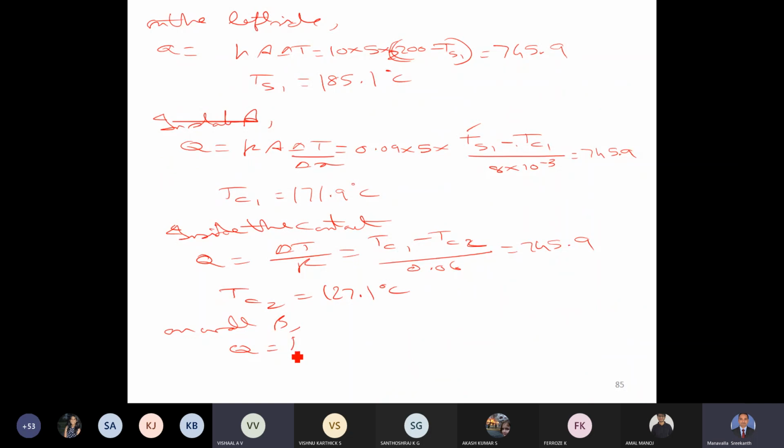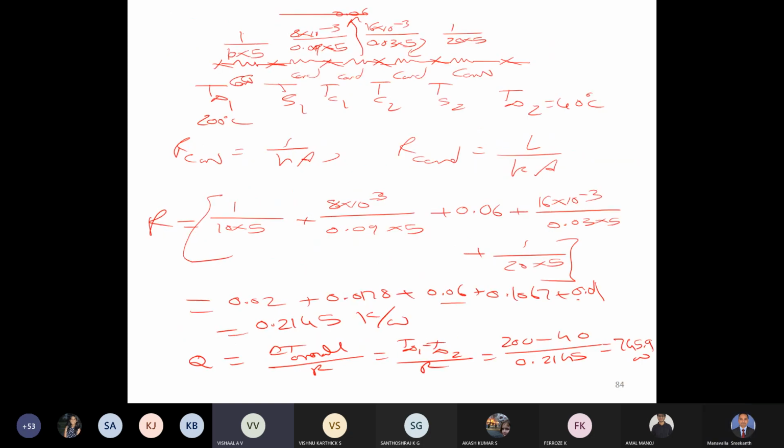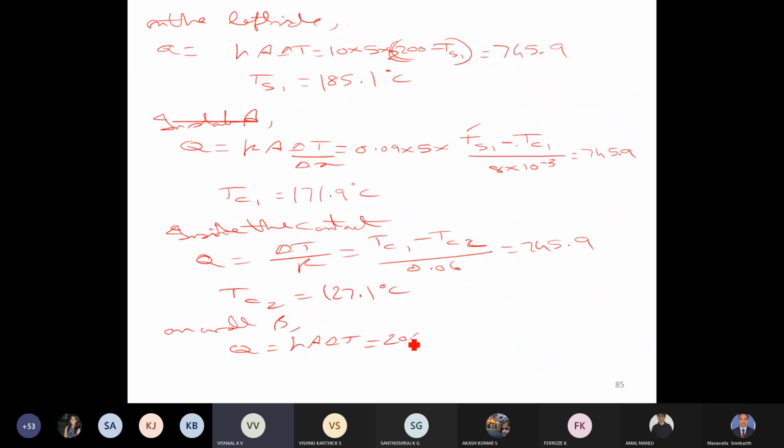So Q is hA delta T, with h times 5 multiplied by TS2 minus T infinity 2 equal to 745.9.